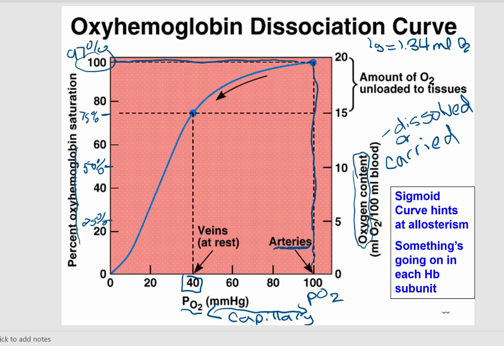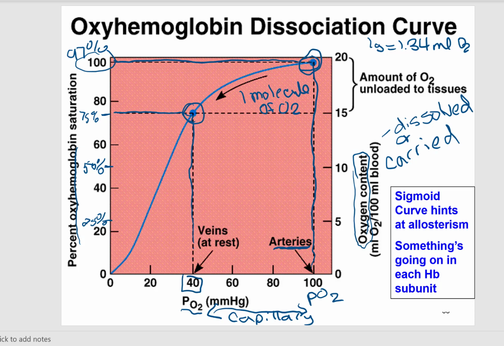As the partial pressure drops down to 40 millimeters of mercury, at the venous end of a capillary bed, if I draw my vertical line up and then horizontal line across, we see that one molecule of oxygen has left the hemoglobin molecule. The hemoglobin molecule is now 75%. So going from 100 millimeters of mercury partial pressure, shown here with this blue dot, down to 40 millimeters of mercury, we have lost one molecule of oxygen to the surrounding tissues.